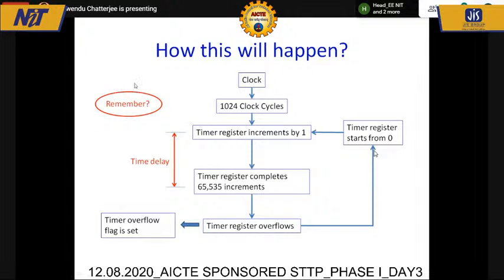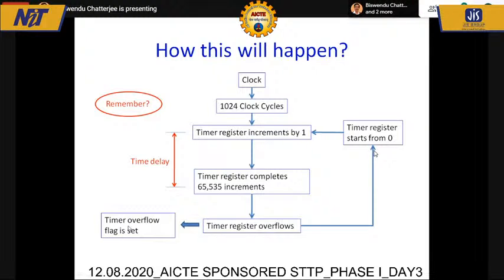How will this happen? Let me recapitulate from our standard timer operation. If you remember, yesterday every 1024 clock cycles the timer register incremented by 1, completed 65535 increments, and overflowed, and the overflow flag was set.